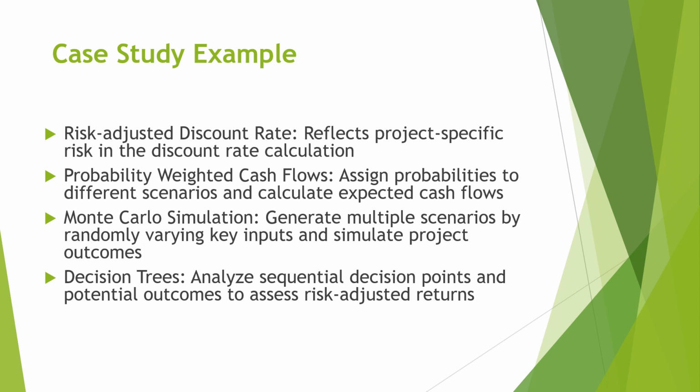Then the Monte Carlo simulation generates multiple scenarios to comprehensively analyze project risk. And the decision tree maps decision points and outcomes to assess risk-adjusted return. These methods empower us to make more informed investment decisions that align with our strategic goals.